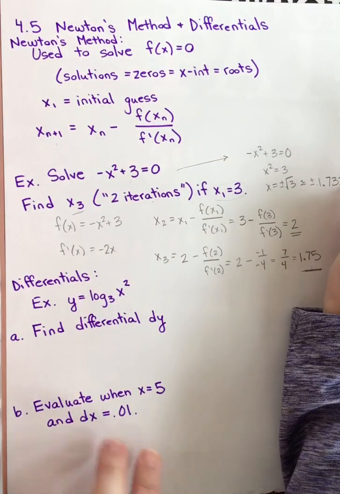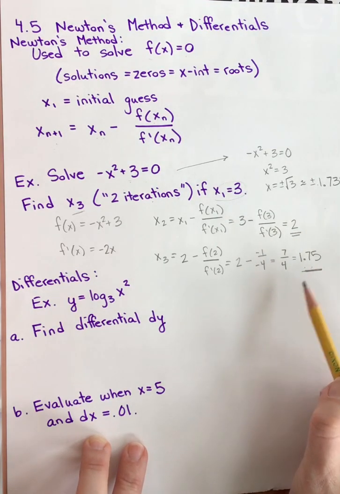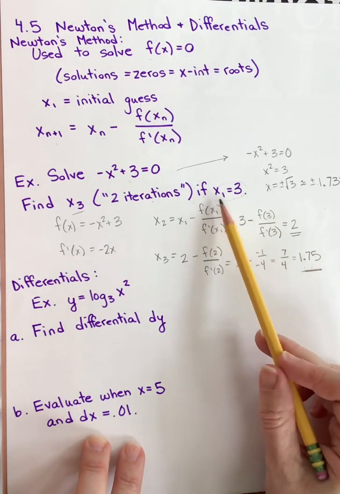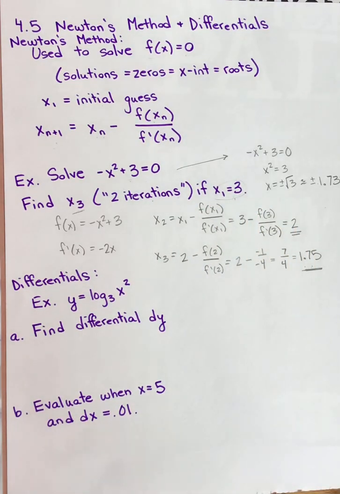OMG! In just 2 short rounds, I was super close to the actual solution. Now, if my initial guess had been in the negatives, it would have led me to the negative solution. So Newton's method, not that it's a lazy method per se, goes to the closest solution that it can find. So that's how it works.